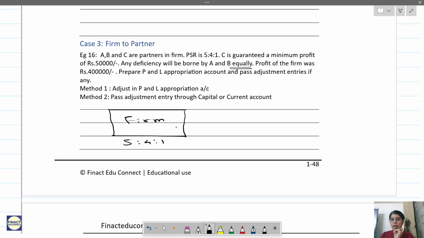Remember, whatever deficiency is there will be borne by A and B equally. If this was not given, then we would have assumed that A and B will bear the deficiency in their profit sharing ratio, that is 5:4, but since the agreed ratio is given, we will be using this ratio.